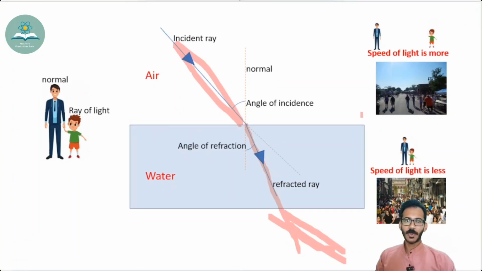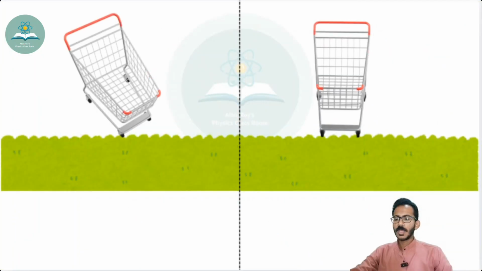The incident ray and the emergent ray that comes out will be parallel. So remember this point in the case of a glass slab. To make it more clear, let's take the case of a trolley. Here, the trolley is kept in a concrete area. You can see the top view of the trolley here, and that trolley is entering an area with a lot of grass. When the trolley is coming to the grass, it is supposed to move in a straight line like this and enter the grass.